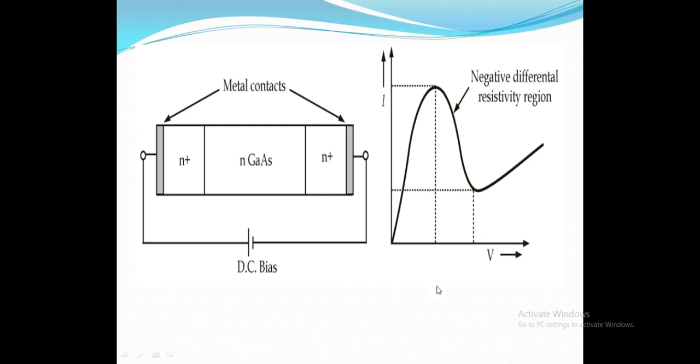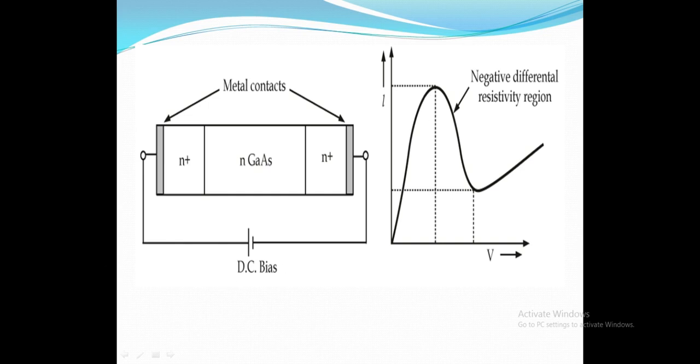Here we are using no PN junction, but we call it a diode with respect to the positive and negative terminals of the DC bias applied. If we increase the DC bias, that is the applied voltage, the current through it also increases.